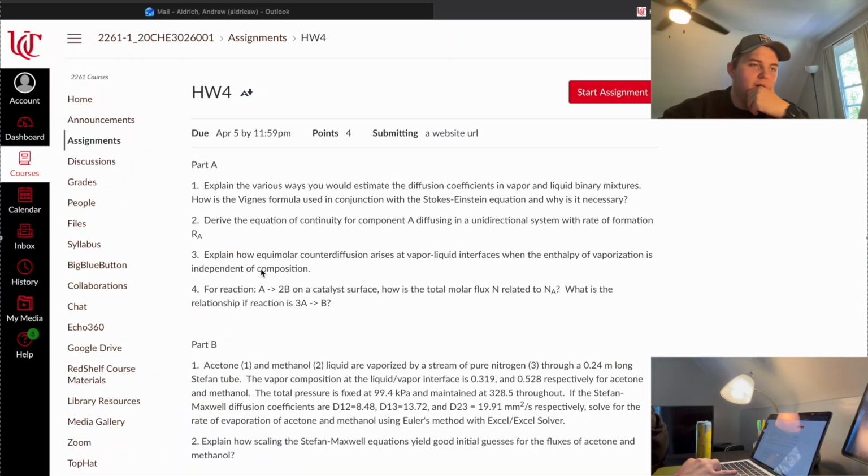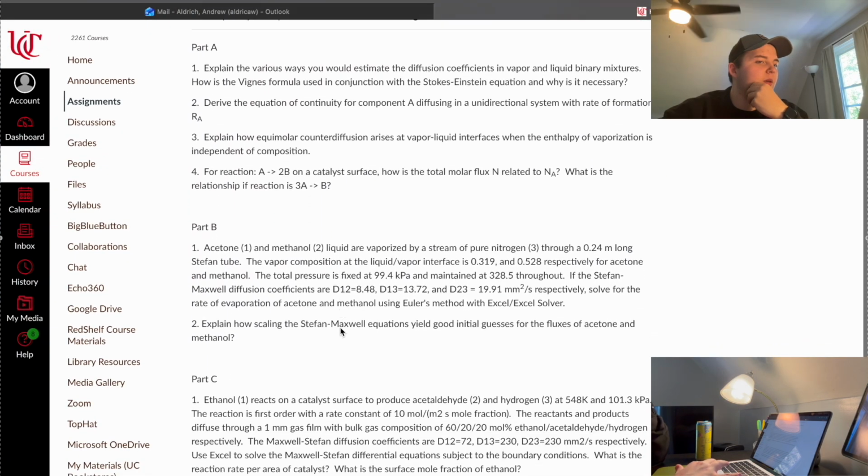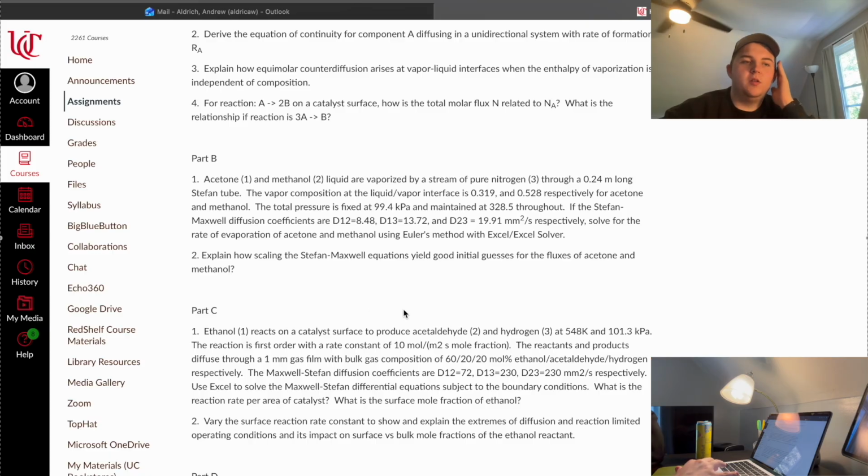The final part for this is explain how scaling and Stefan-Maxwell equations yield good initial guesses for fluxes of acetone and methanol. So what we did in the first part on the iPad was scaling the Stefan-Maxwell equation, and we did have good initial guesses of the 1/600 for Solver to work.